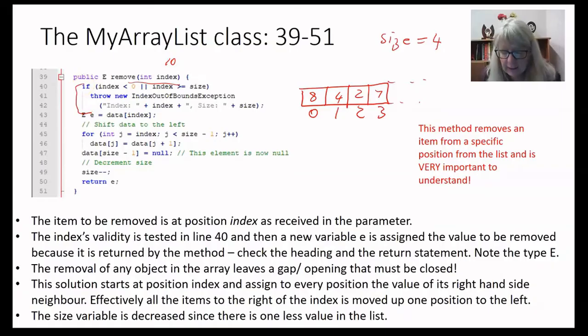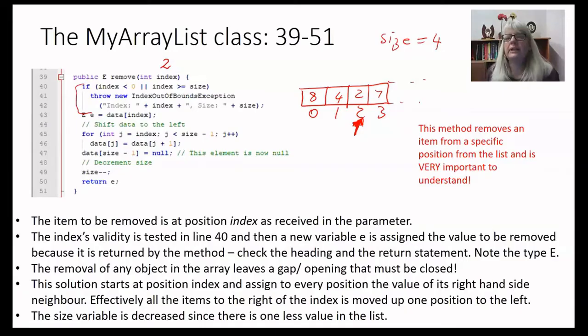If index is larger than size, 10 is larger than size, it will be an error. So let's quickly go back to the user. No, you can't use a 10, use a 2. So at position 2, the user wants to remove. The question is, what should happen with the rest of the array? Can we leave an open space there?